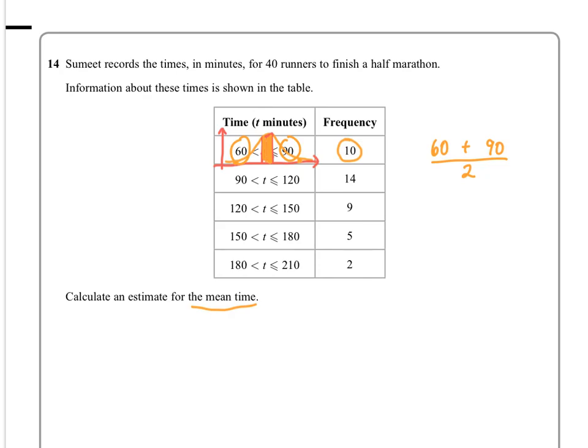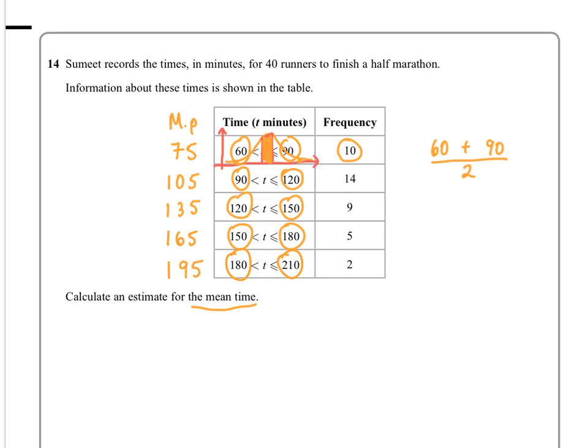So 150 over 2 would give us 75, and there's no harm in just writing MP here for midpoint. 90 and 120 is 210, halved is 105, 120 and 150 is 270, halved is 135, and 150 and 180 is 330, and if I halve that I'll have 165, and then lastly here 195.